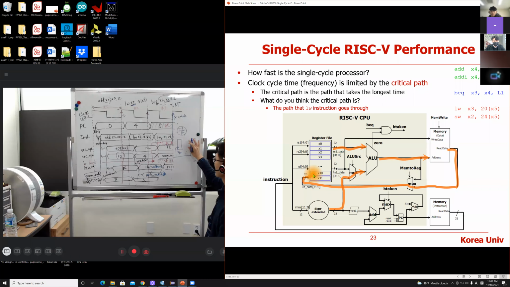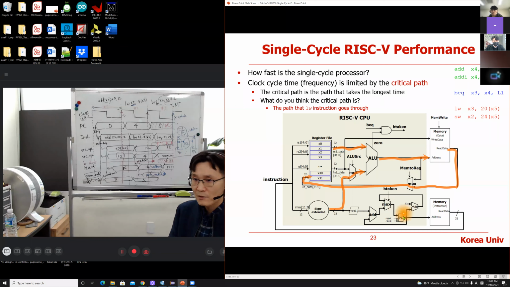In between these two, from D to Q, you have some combinational logic. That is the delay we are talking about. Which one is taking the longest time? From the PC flip-flop to the register file.